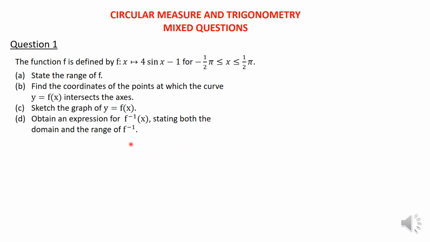Then we're supposed to obtain an expression for the inverse of f, and then we're supposed to state both the domain and the range of that inverse. When you are stating the domain and the range of an inverse of a function, you should remember from functions that the domain of an inverse of a function is equal to the range of the function.